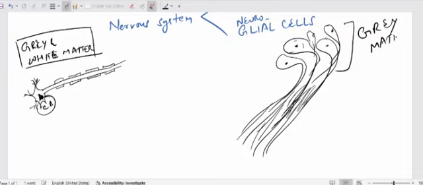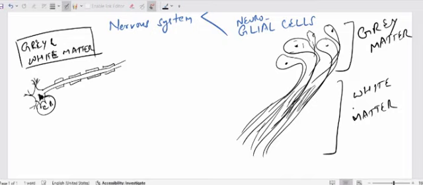Can you tell me which is faster in conduction, gray or white? White matter is a long conduction cable in terms of axon, which is white in color. Why? Generally because of the sheath of myelin on top of that. And this is also not continuous. It is like this, and you must be knowing this is the node of Ranvier.